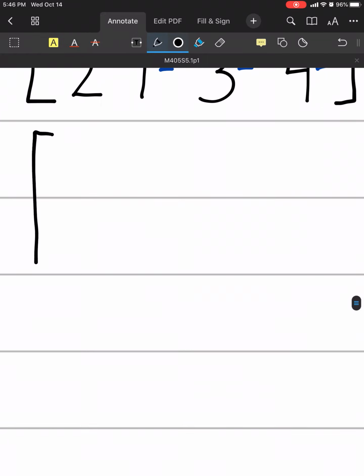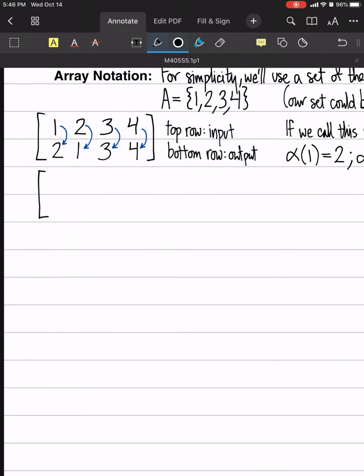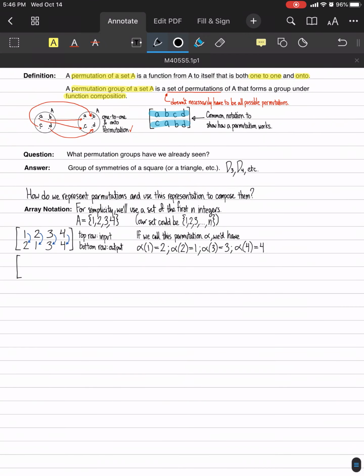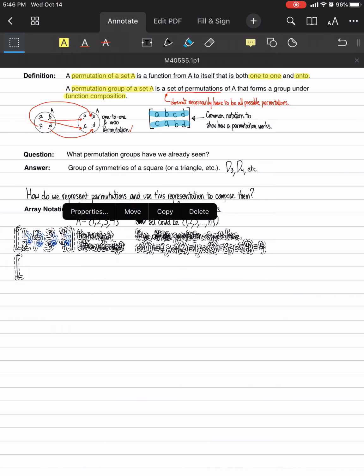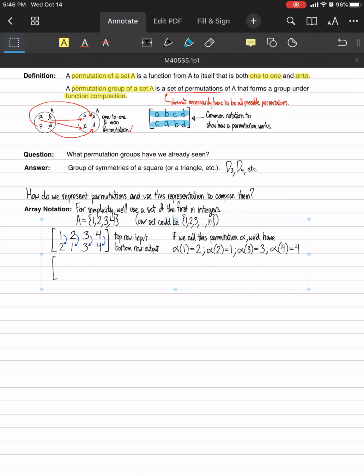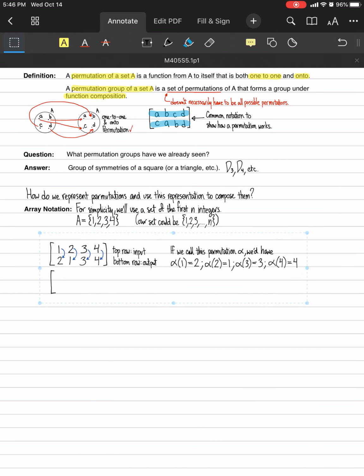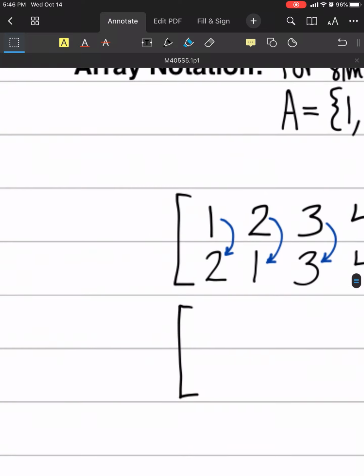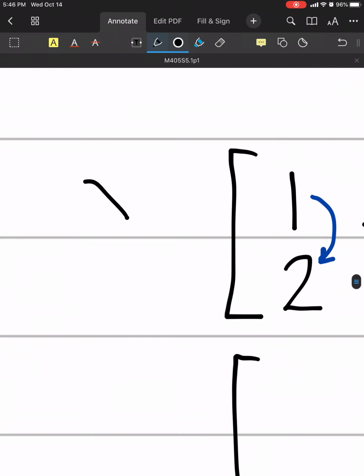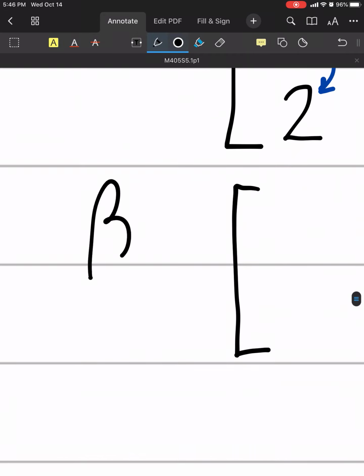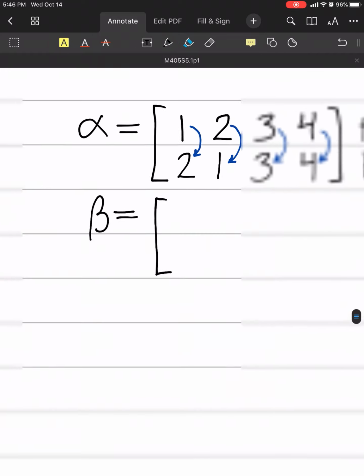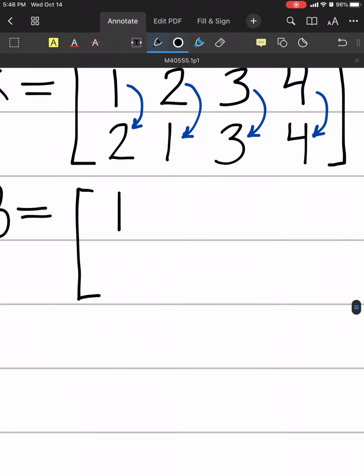We'll call this one beta. Let's scooch all this stuff over, and move it down one line as well. There we go. Okay, so we'll call this one alpha, and this next one down here beta. Again, we start out with 1, 2, 3, and 4 on top, always in the natural order.